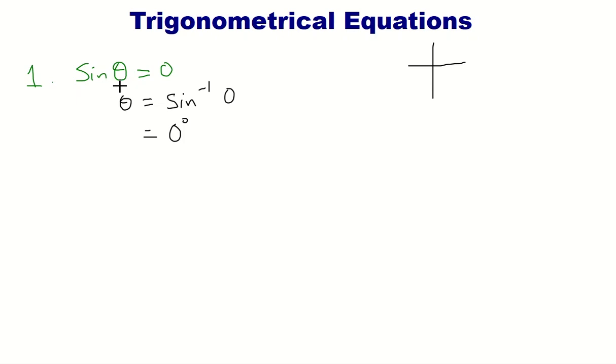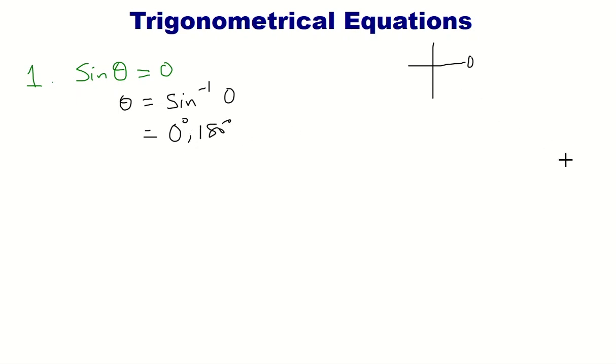Since 0 is neither positive nor negative, and when we found theta we got it as 0, we expect it to be along the horizontal. So if it is sine and you get the first angle as 0, then you should expect the other angle to be 180.